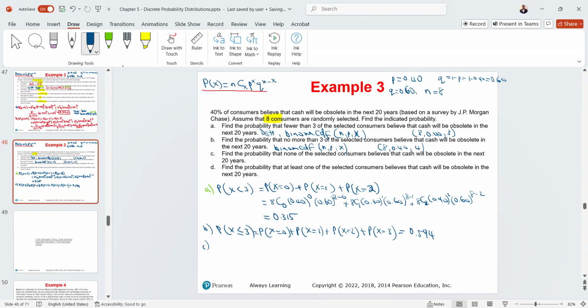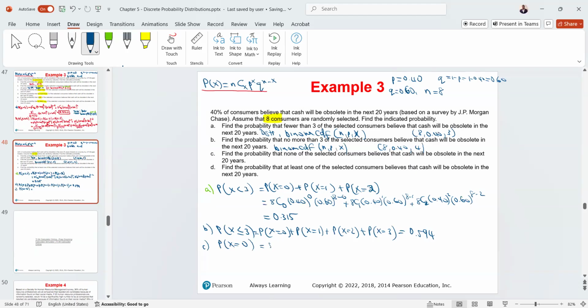None. What's the probability to have none? That means the probability that X equals 0. They said find the probability that none of the selected consumers believe that cash would be obsolete in the next 20 years.